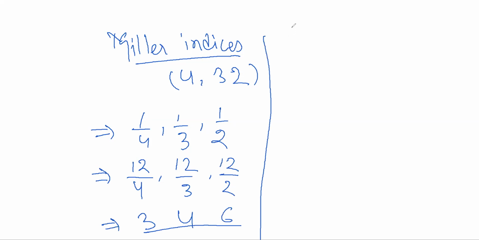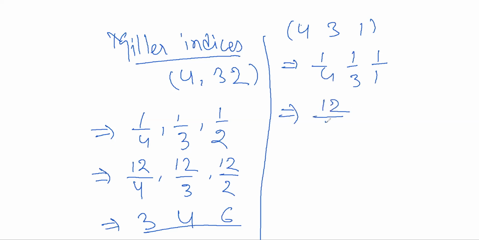Now let's see another example. We have parameters 4, 3, and 1. Let's say it is there. So the first step is to take reciprocals: 1 by 4, 1 by 3, 1 by 1. Let's take the LCM. The LCM will be 12 here also.